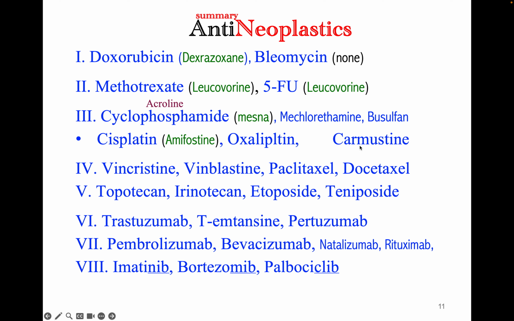Okay, same alkylation. So the next section is cisplatin and oxaliplatin. These are called atypical alkylating agents. So what is the difference? I want you to remember so that you can distinguish these drugs. Cyclophosphamide, mechlorethamine, Busulfan and Carmustine cause alkylation by cross-linking the DNA.